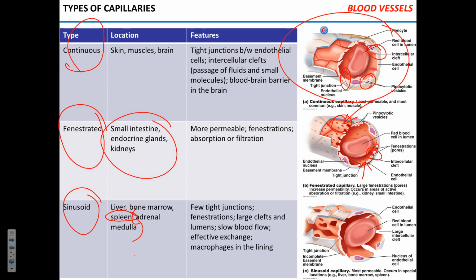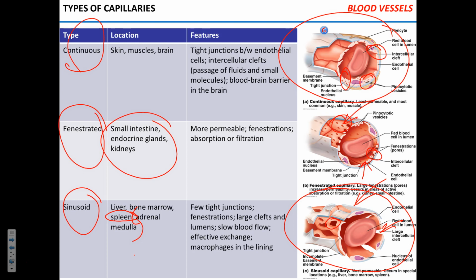Right? Structurally, these capillaries have huge fenestrations, very sparse membrane, massive intercellular clefts. But they are also very easy to damage. Does that make sense?